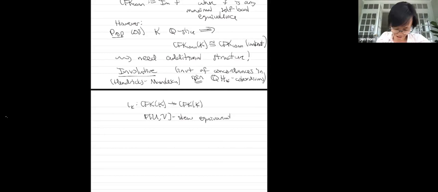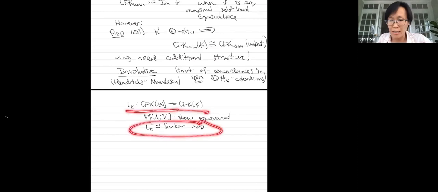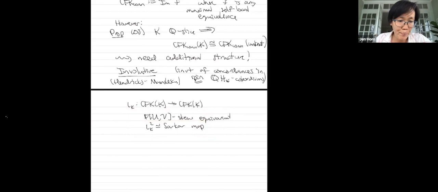And then in the knot setting, iota K is not actually an involution. It turns out that it squares to a certain map called the Sarkar map. It's not so necessary for today's talk what exactly this is. Just the point is that this endomorphism squares to something homotopic to something that we know.